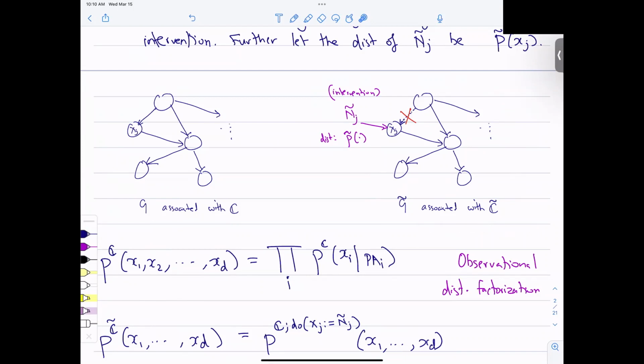So if this is node R, then in both of them I would have a term. Okay, let me use a different color. All I'm trying to say is that P under the original model of X_R given parents of X_R is equal to P under C tilde, the new model, of X_R given parents of X_R. That's all I'm trying to say. For those terms, nothing changes. Good.